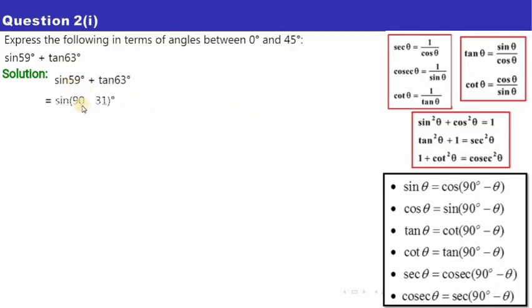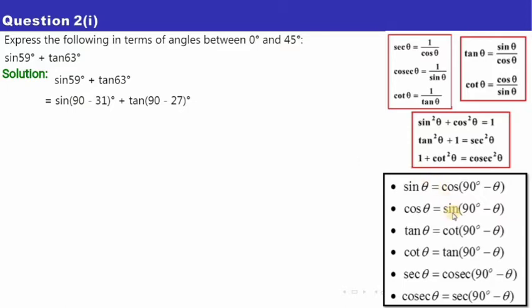Can I write 59 as 90 minus 31? Yes. Why am I doing that? Because 31 lies between 0 and 45. Similarly, can I write 63 as 90 minus 27? Yes, because 27 is also between 0 and 45.